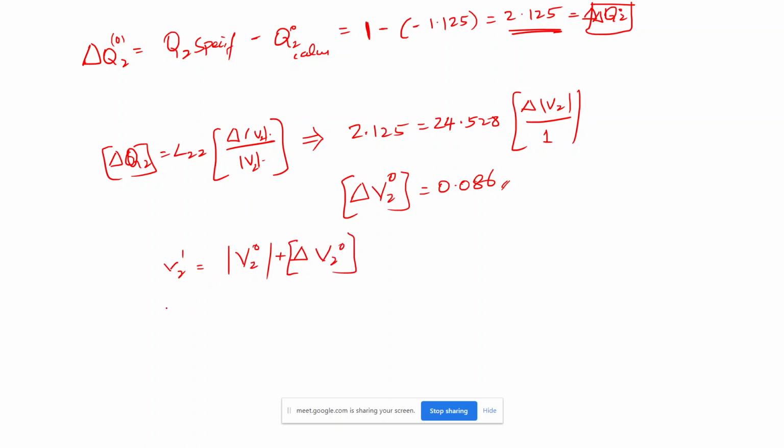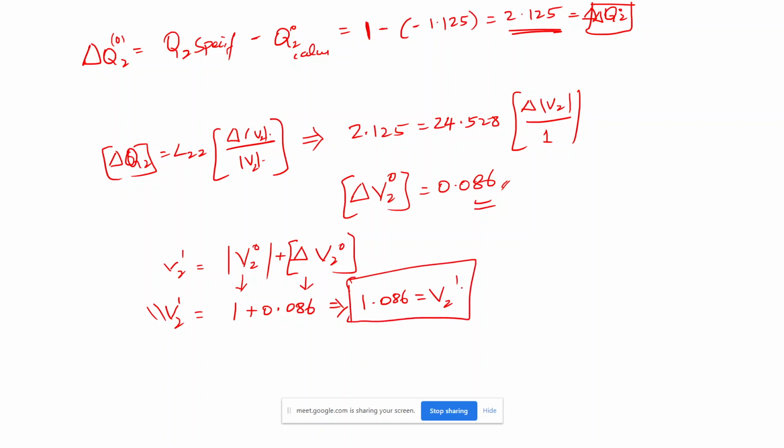If you solve this, I will get the new needed voltage. So 1 plus 0.086 is nothing but 1.086. So this is my V2 of the first iteration.